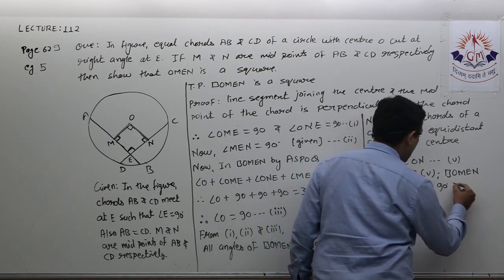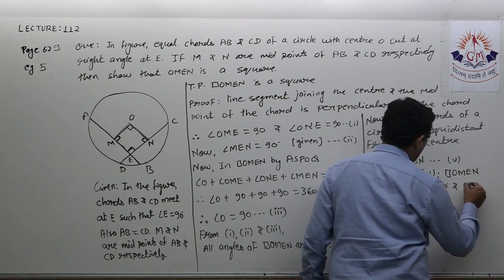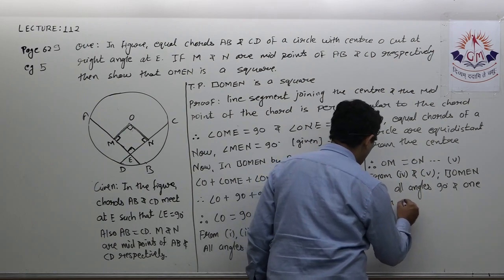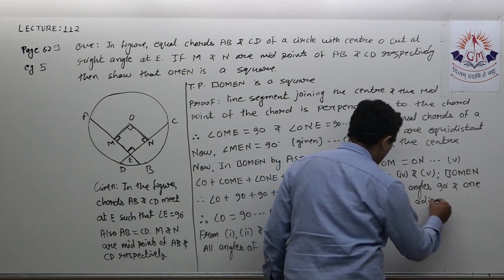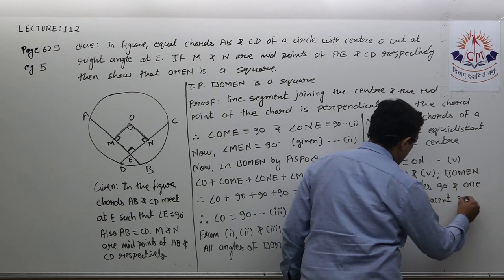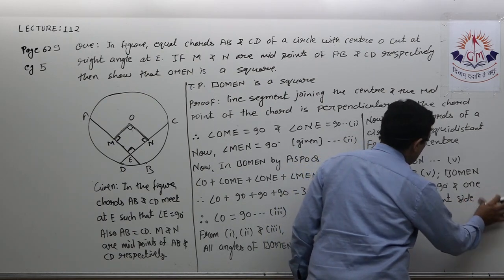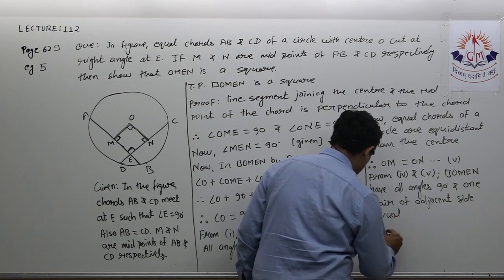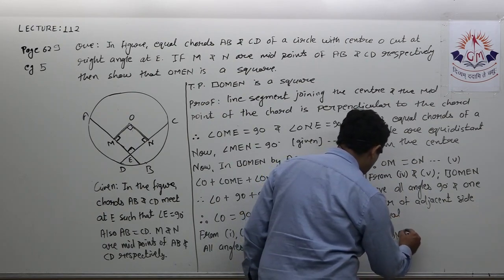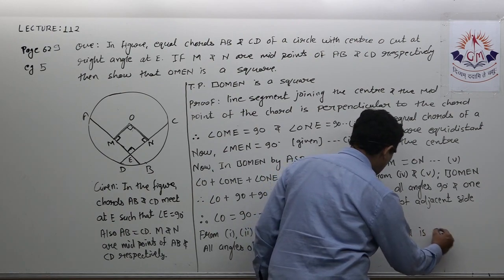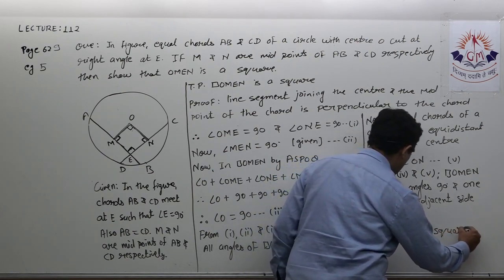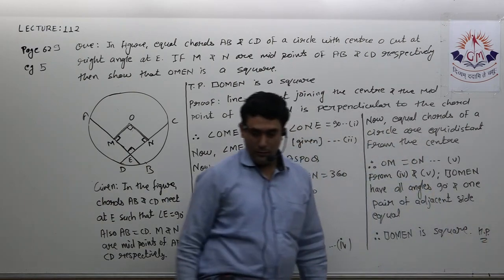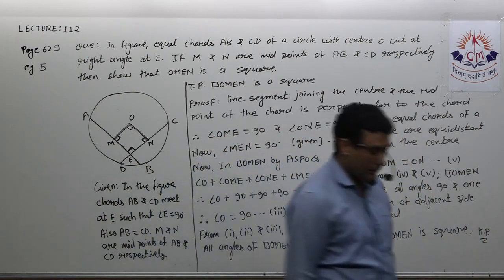Therefore I can say quadrilateral OMEN is a square. Hence proved. So please note it down, then we'll see the next question.